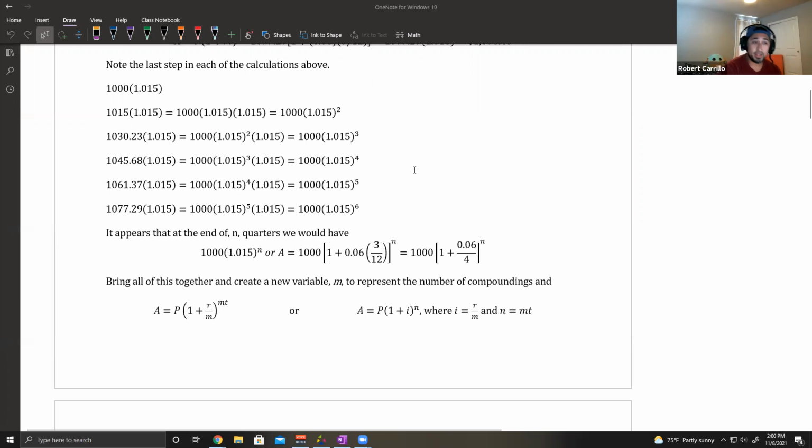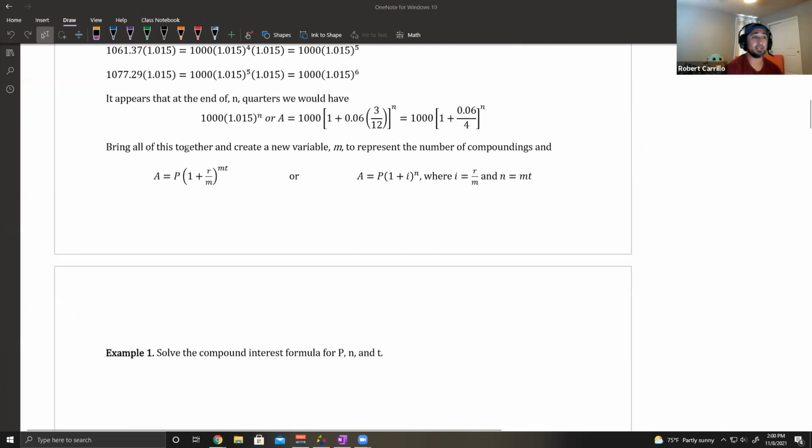So the compound interest formula summed up says, all right, your final amount of money, A, will be given by the initial amount you put in times 1 plus the rate over the number of compoundings, raised to the number of compoundings times time.